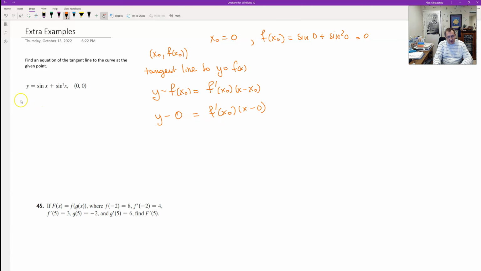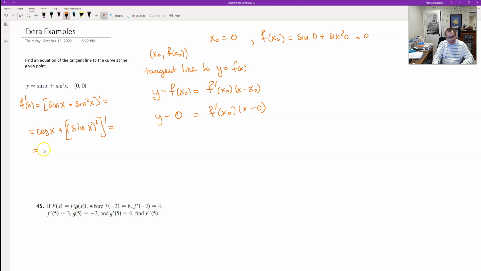So let us start with evaluating f prime, which is the derivative of sine x plus sine squared x. The first term gives us cosine x, and for the second term, we have to use the chain rule. The outermost function is the square.